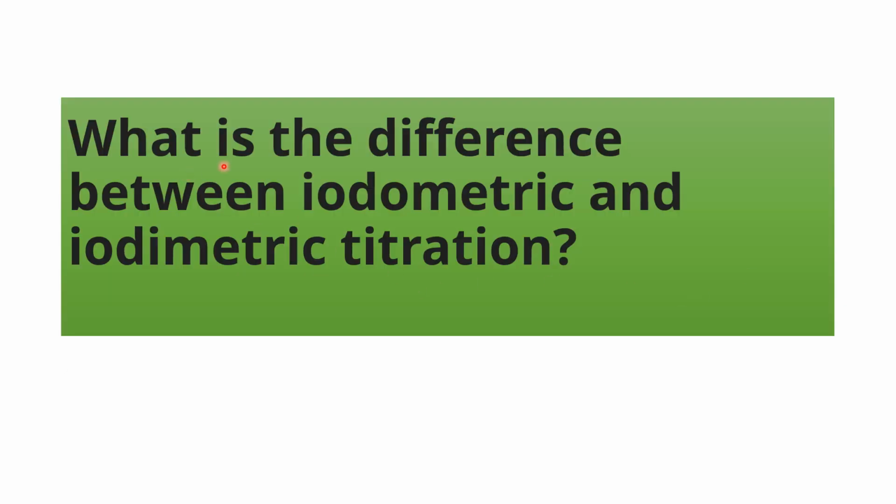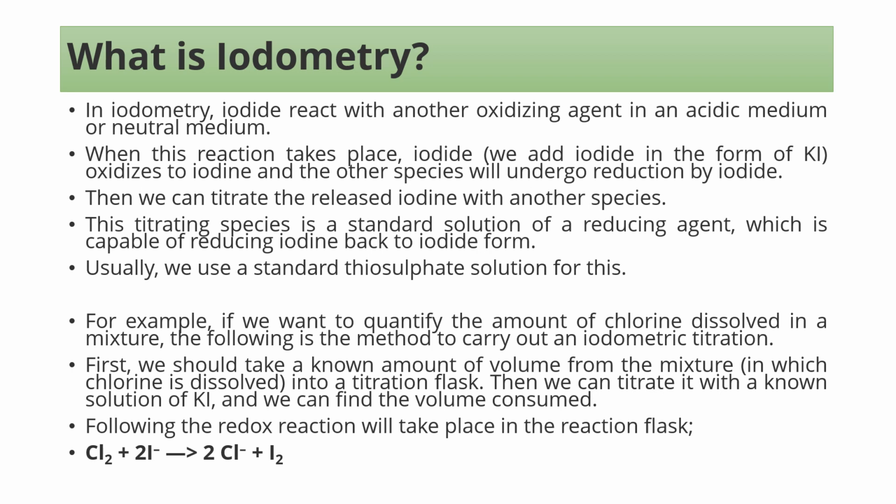Next, we are going to learn what is the difference between iodometric and iodimetric titration. You have done titrations of iodometric and iodimetric, but you do not know the difference. So now I'll explain the difference between iodometric and iodimetric titration. Let us first see iodometry. In iodometry, iodide reacts with another oxidizing agent in an acidic medium or neutral medium.